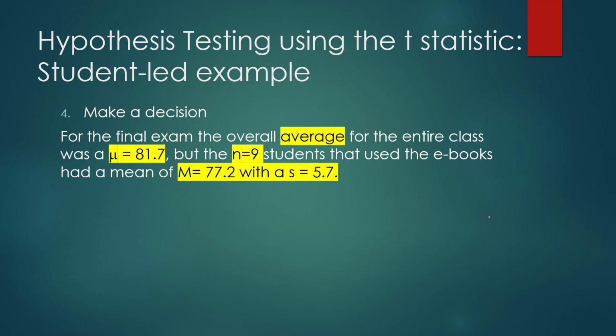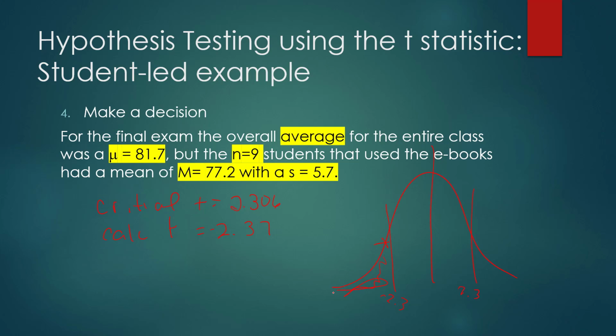So now we need to make a decision. Our critical t was 2.306, and our calculated t was negative 2.37. If we think about our distribution, we have two critical boundaries, one being positive 2.3 and the other one being negative 2.3. 2.37 is going to fall just a little outside here.